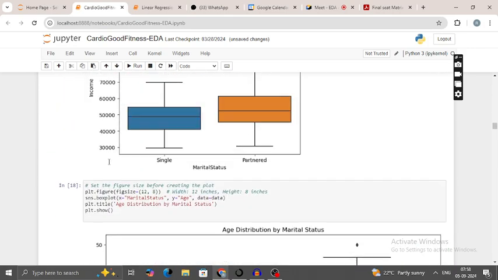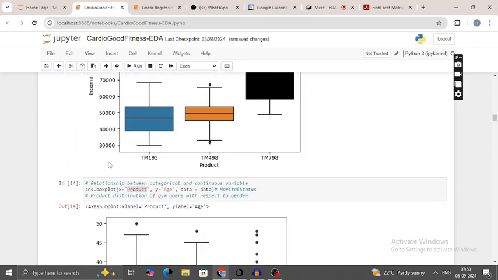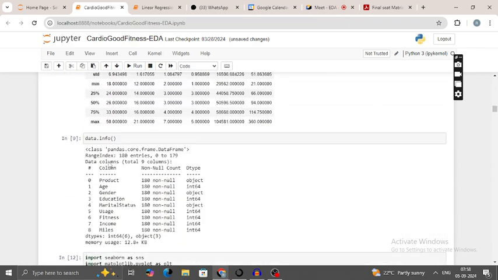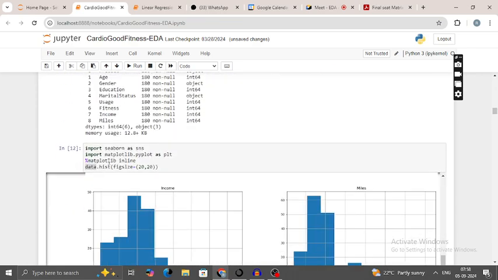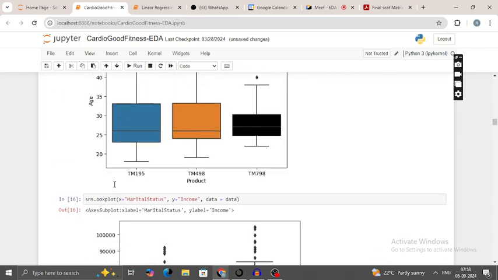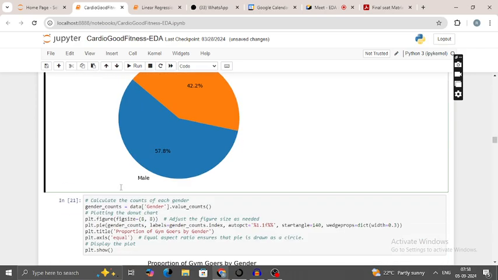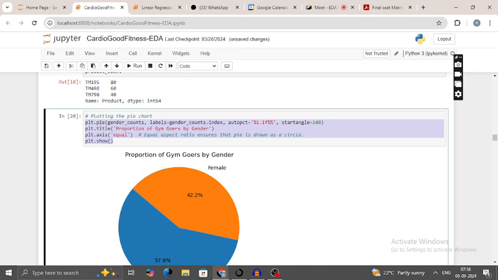So if you want a pie chart, sns is not sufficient. I have already imported matplotlib. I have imported matplotlib.pyplot as plt. Okay, so %matplotlib inline. So all these are imported properly, then only you will be able to plot this pie chart. So plt.pie inbuilt. So pie chart. So you want gender counts.